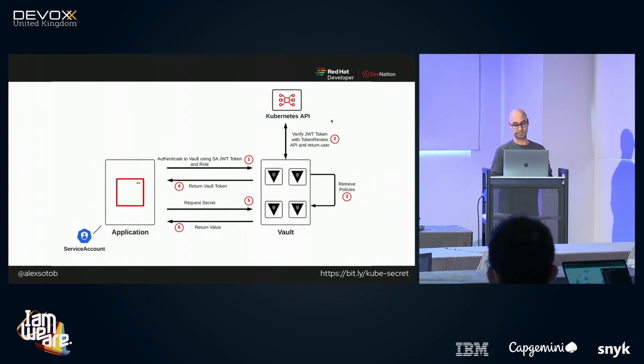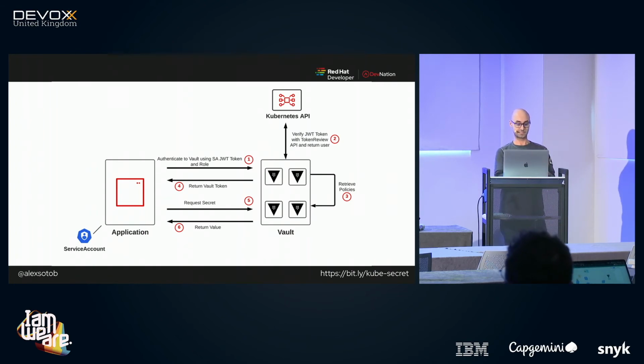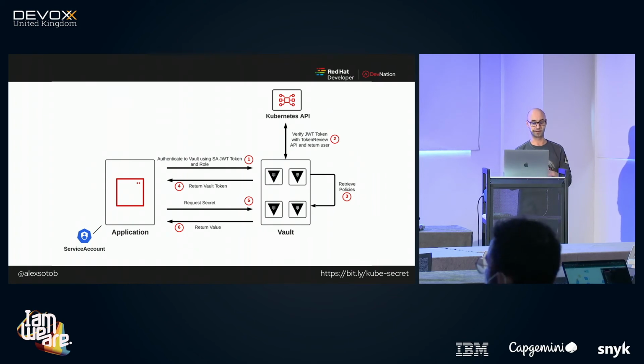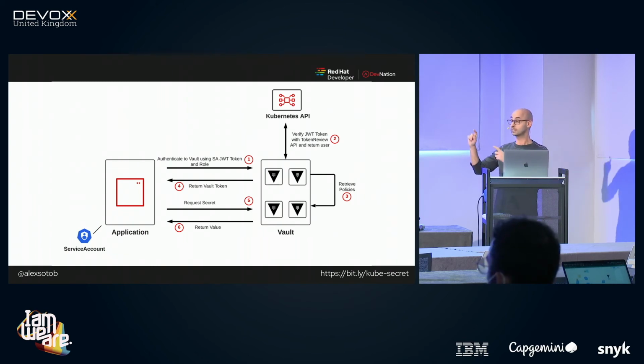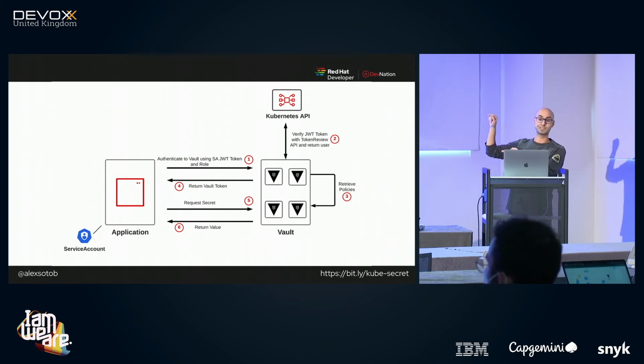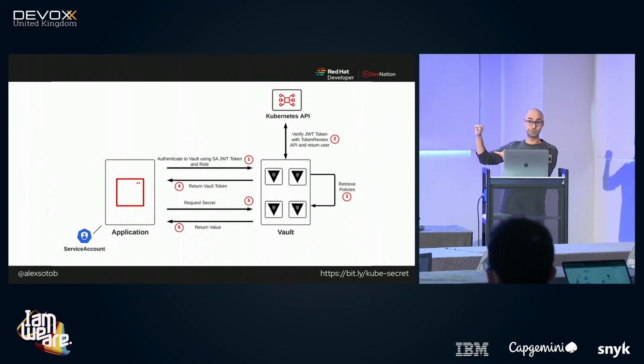Then in Vault, you have configured Vault to get access to the Kubernetes API server. And since someone has sent you the service account token and the role, you're going to make a query to the Kubernetes API server. Notice that to get access to this Kubernetes API server, you need to configure Vault to be able to make this request.